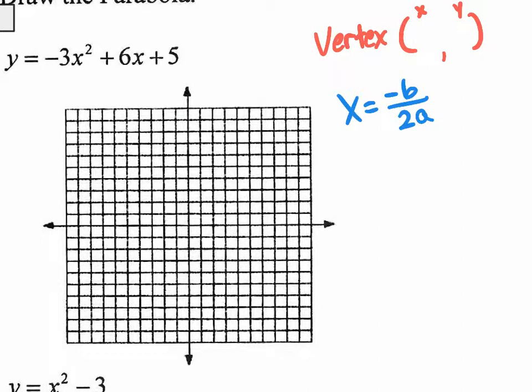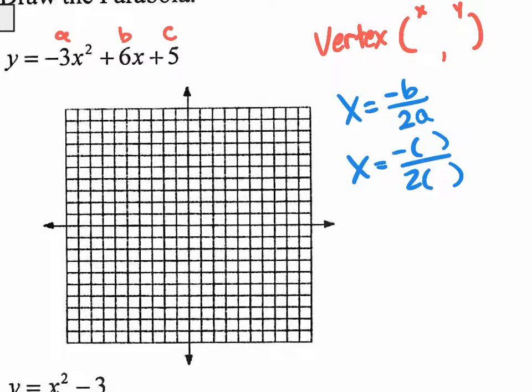So could somebody look at the standard form quadratic trinomial and tell me the a, b, and c values? What's the a value on the standard form? A value is -3, b value is 6, c value is 5. So ladies and gentlemen, this formula will give me the x value. X equals -b over 2 times a.